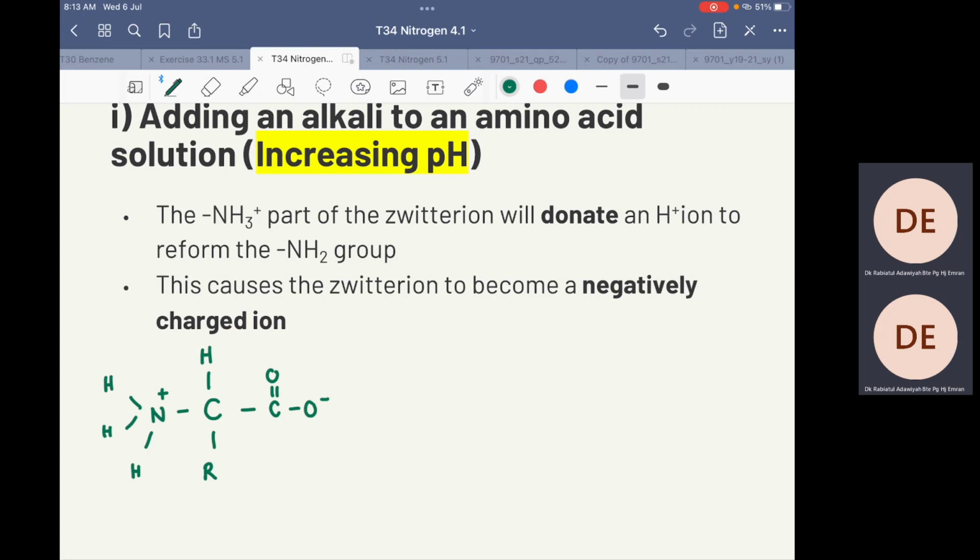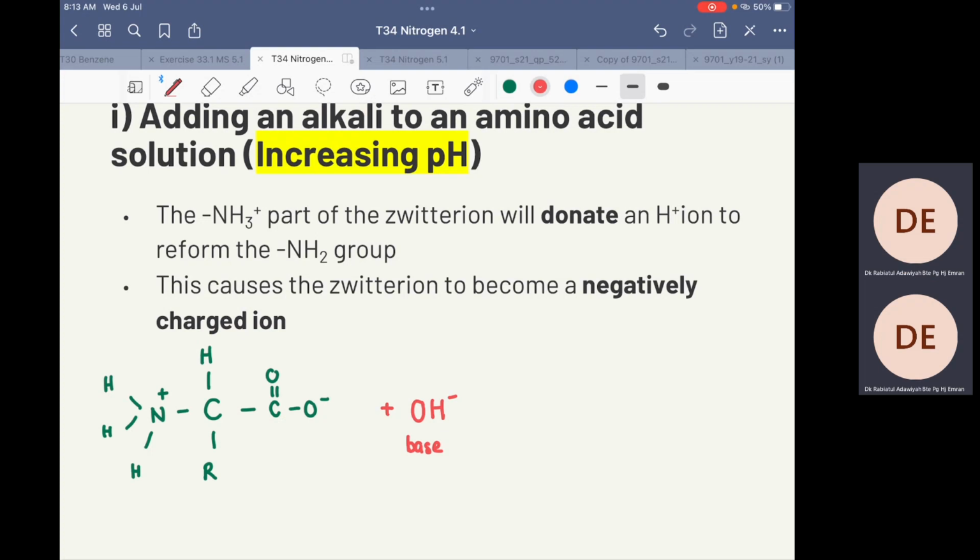Adding alkali means we are adding OH minus, which is a base. Which part of the amino acid will react with the hydroxide ion? Is it the NH3 plus or the COO minus?